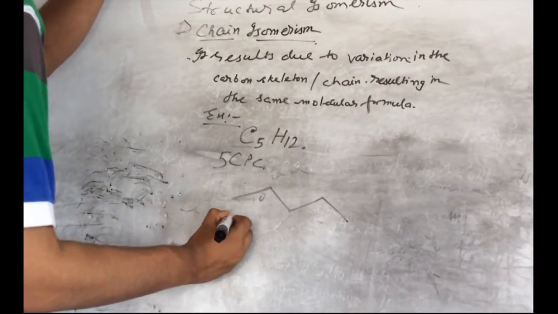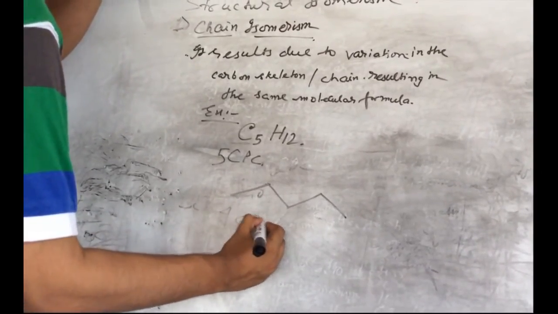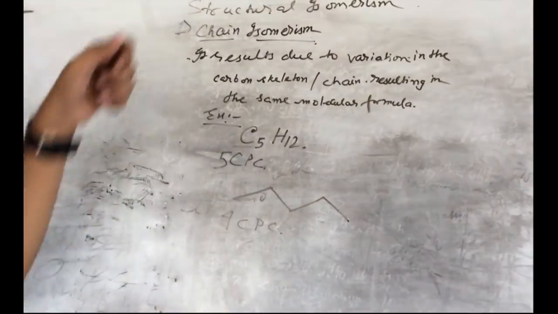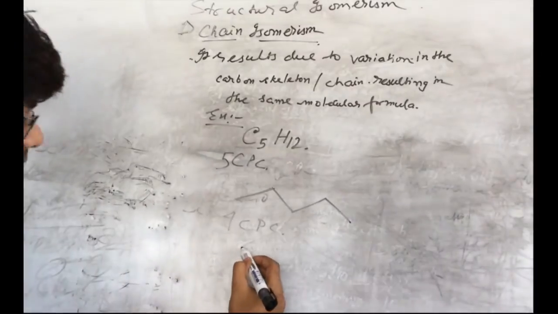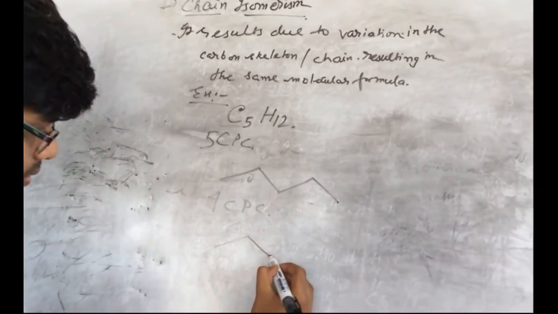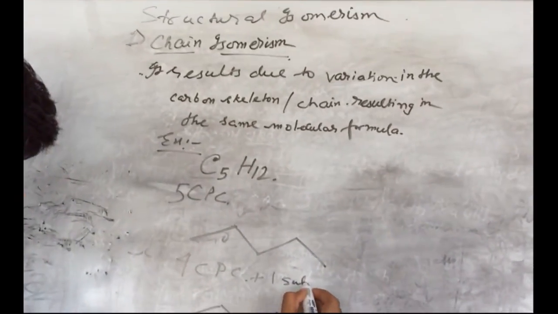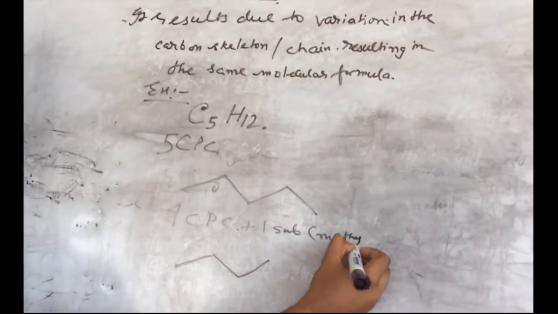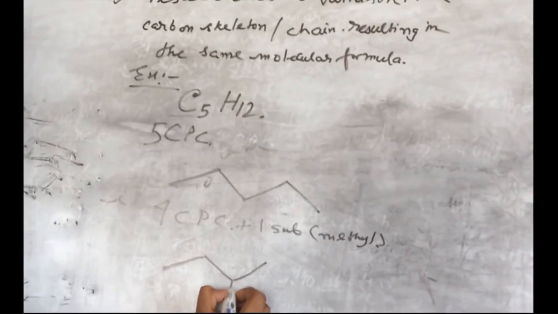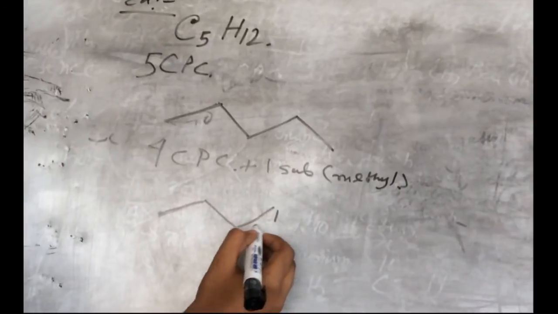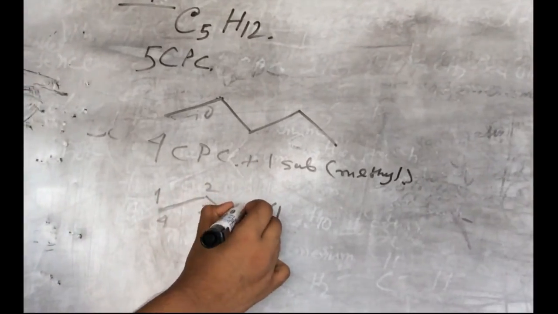Then it can be 4 CPC plus 1 substituent, that is methyl. You can place it here or you can place it here. Now see, if you number the carbons, this one is 1 2 3 4. If you again number it, then this is 1 2 3 4.